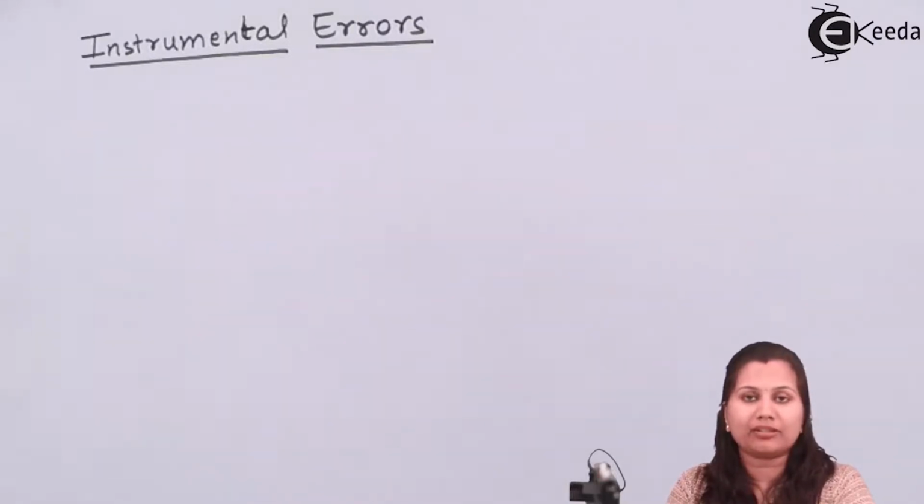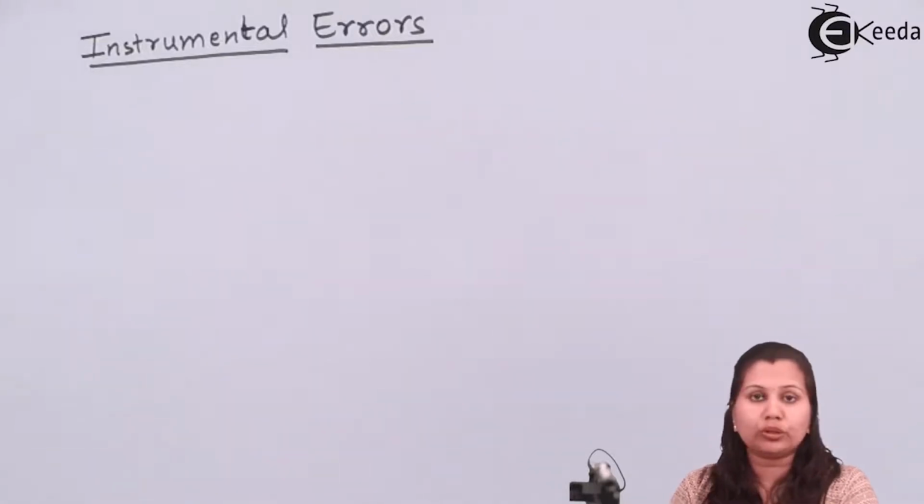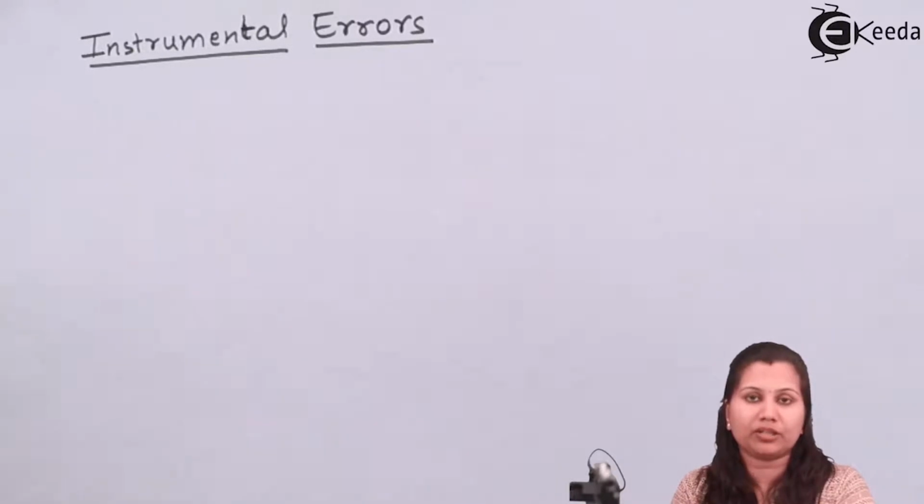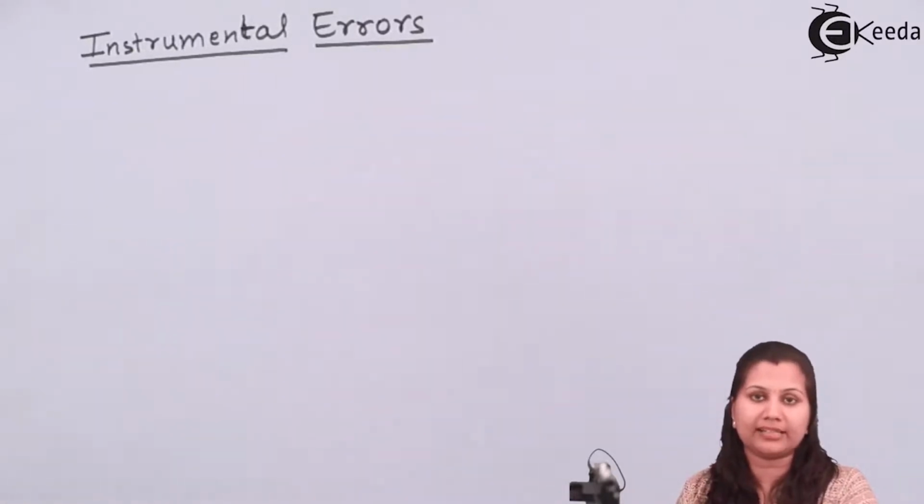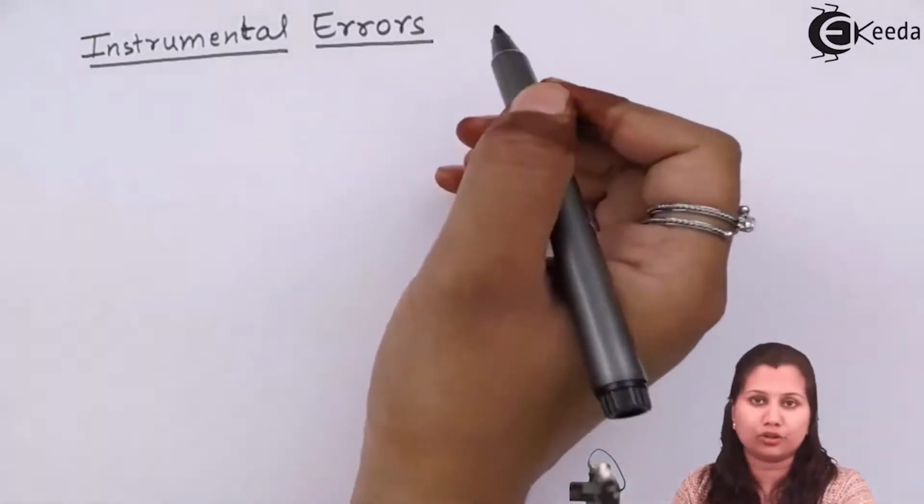At the time of constructing the measuring instrument, if any error or default has occurred, due to that default the measuring instrument will not be able to measure the correct quantity. So if any error is occurring due to a default in the construction of the measuring instrument, that will be the instrumental error.